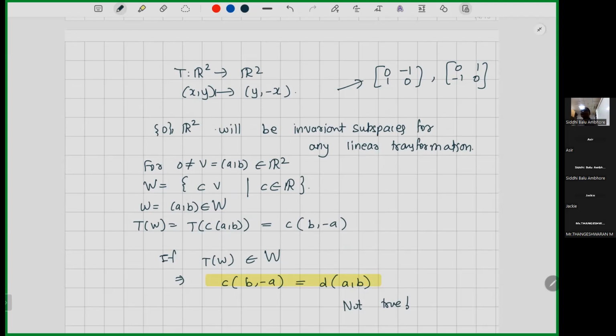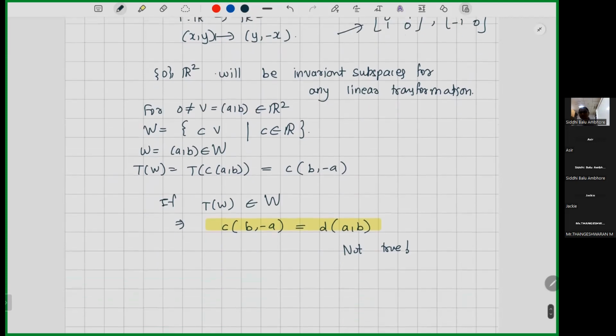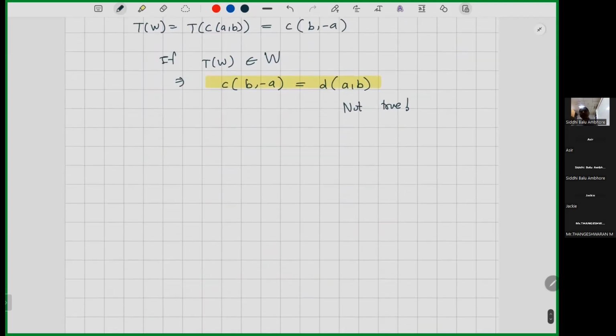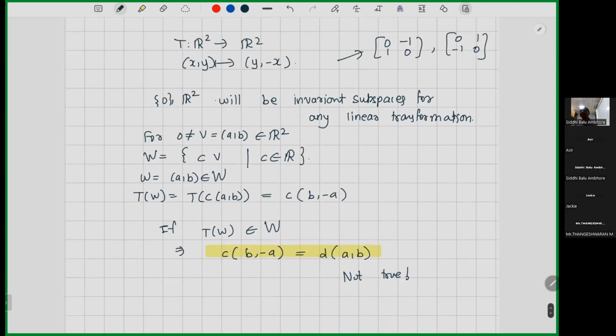I think yes, in R3 every linear transformation has proper invariant subspaces. That's what I was saying, because in R3 the characteristic polynomial is a 3-degree polynomial, so it will have at least one root, by the fundamental theorem of algebra.